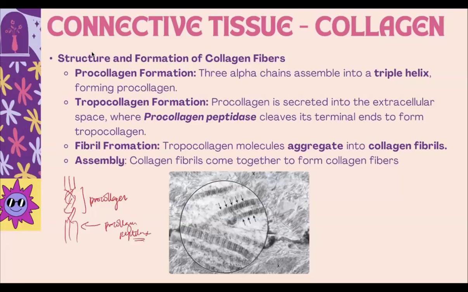Then you have multiple of these tropocollagens together, and they start forming something called collagen fibrils. And then the fibrils come together and you have your collagen. That's essentially the process. And this is the histological picture to show you the helixes and the triple helix and the procollagen and triple collagen together.